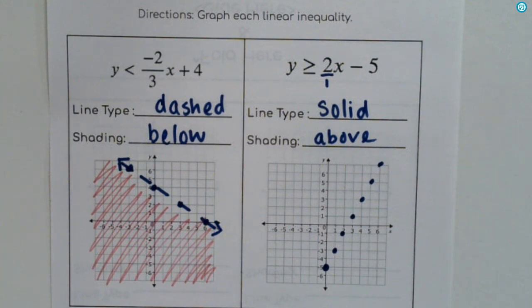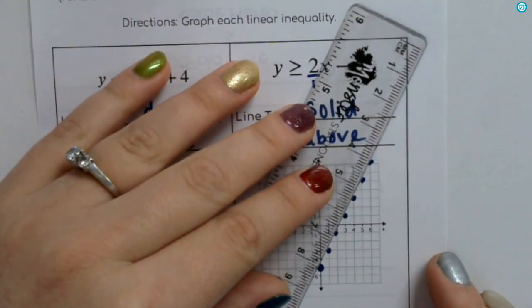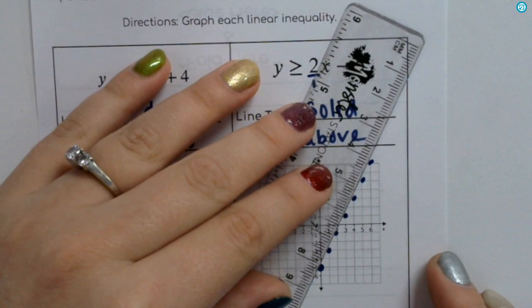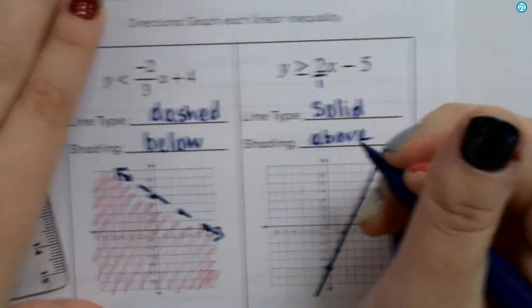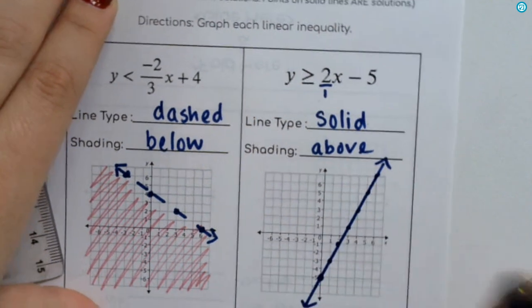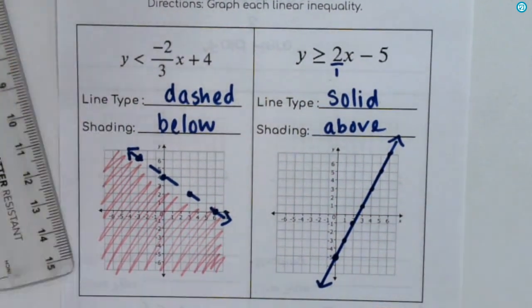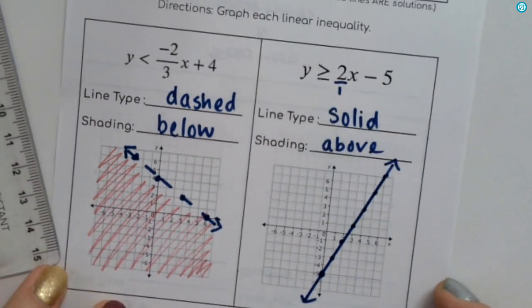Okay, and then this one is a solid line, so you just connect it with your ruler like normal. And then we are shading above that line.